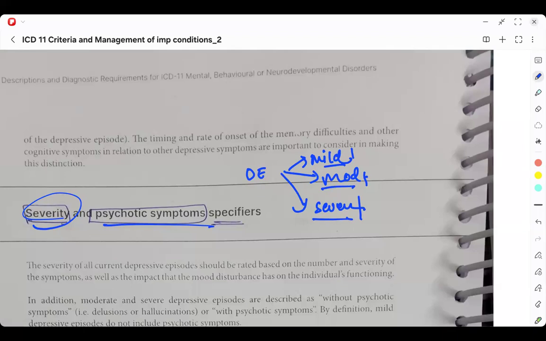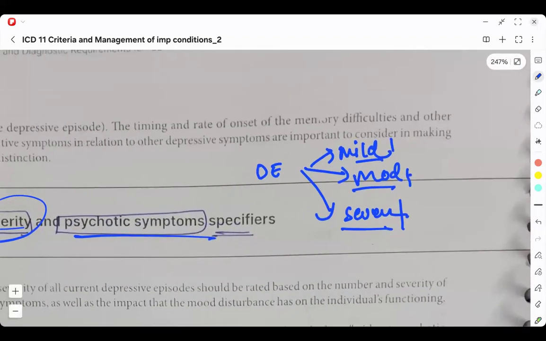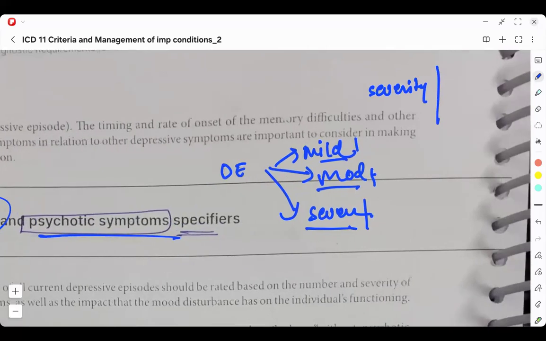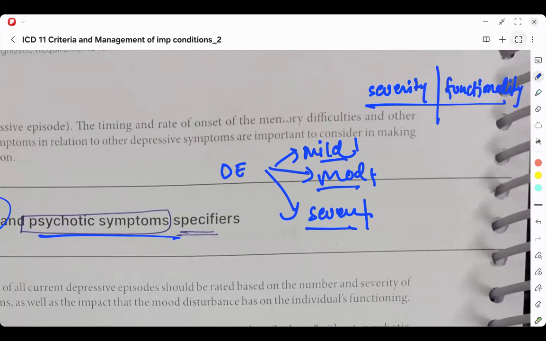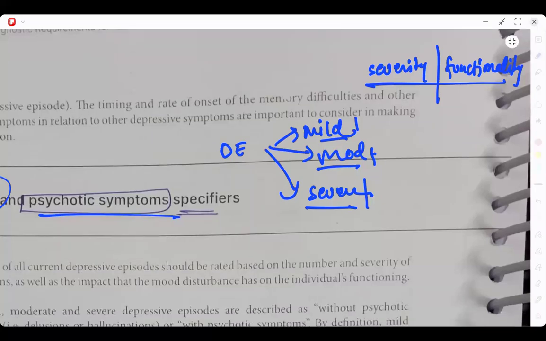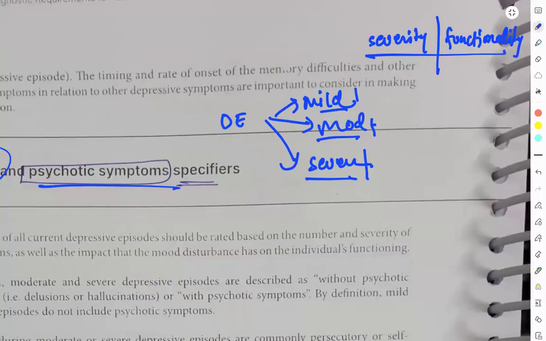Whereas with moderate, more symptoms, greater intensity, etc. With severe, again, there's a lot of impairment in daily functioning. It affects the daily life quite a bit, and especially if there's any psychotic symptom, then the depression would be considered severe. Yeah, with severe, it will be even more intensity of the symptoms. So you're right.